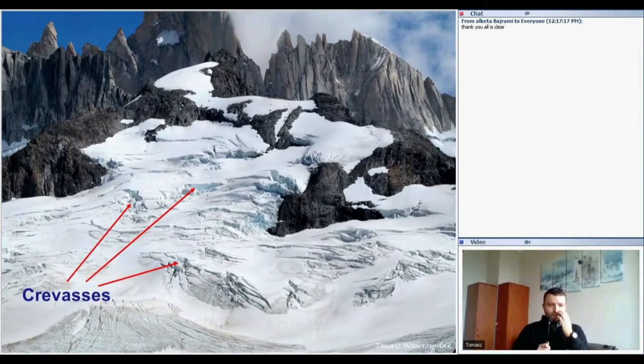On the top of the glacier, there are also crevasses, so cracks in the glacier surface. So these are the places where also water can drain into the glacier.